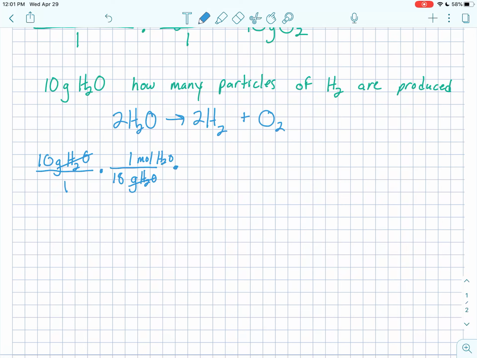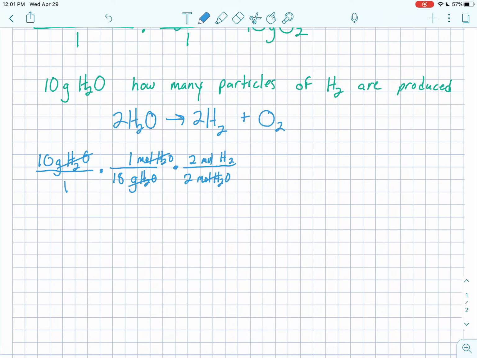Well, now that I have moles of H2O, I can compare it to moles of H2. So I'm going to go ahead and put mole of H2O and mole of H2. In this case, it's going to be 2 for each of them.